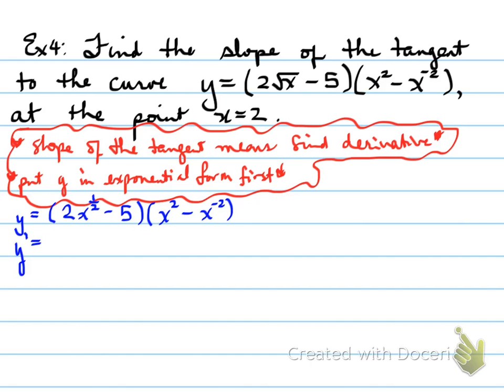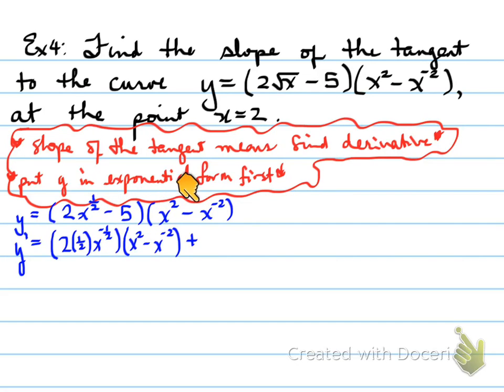The derivative of the first set of brackets is going to be 2 times a half times x to the negative a half, multiplied by the second function, plus, now remember where that came from, this 2 times a half x to the negative a half is the derivative of this. The derivative of 5 is 0, so that's why there is nothing left after that.